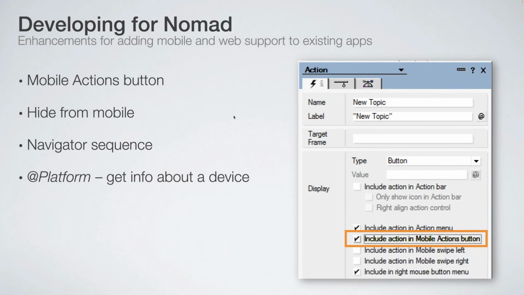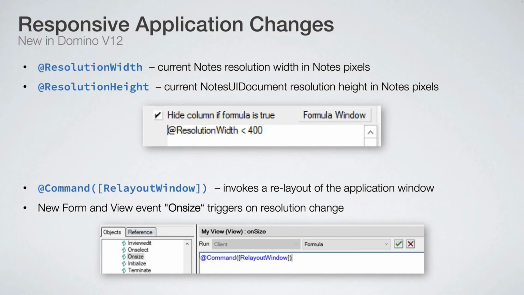There are checkboxes like show or hide this action button on mobile. Or you can have a filter like, if the screen that this application is displayed on is smaller than 400 pixels, then do not show this column, for example.